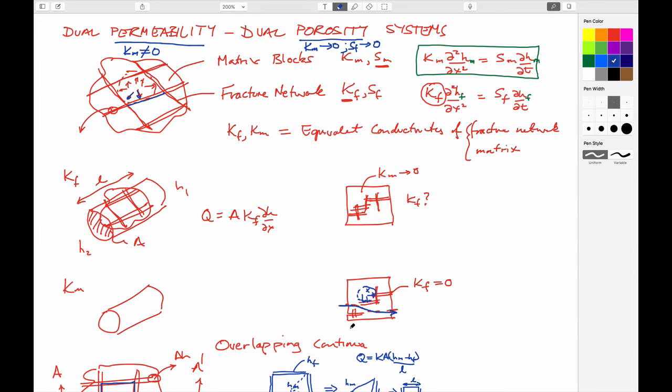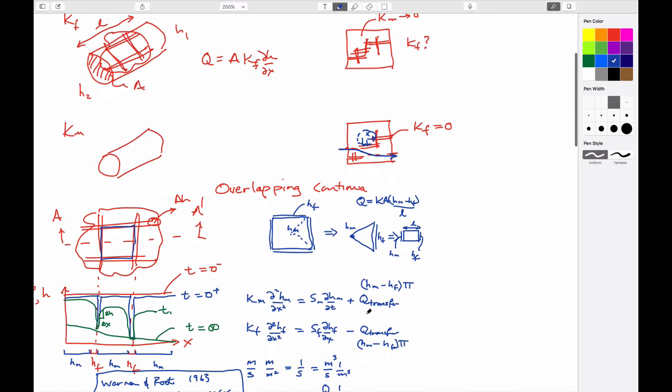And so I suppose the subtle difference would be that in steady state, in other words, when you reach this green line at the bottom here, by definition in the dual porosity system, since the flow has to come from the block into the fracture, and at steady state that is now all depleted because it's not transient anymore, then the only flow in the system is through the fractures from one side to the other.